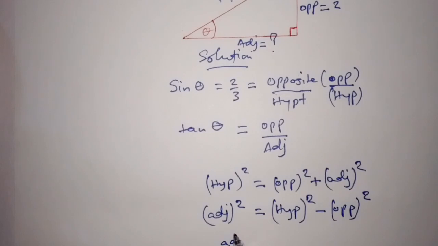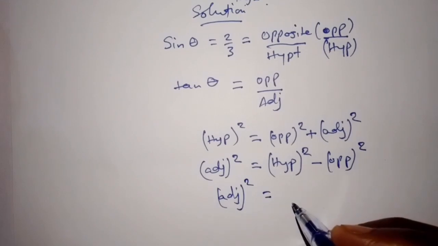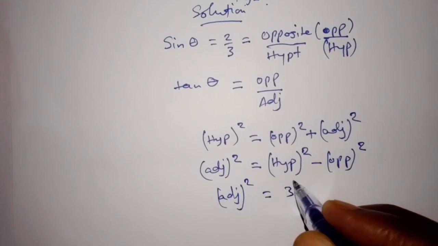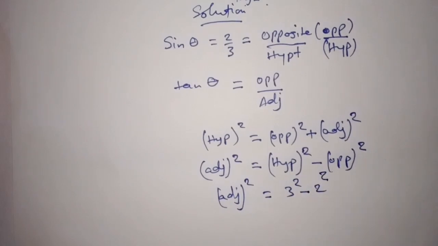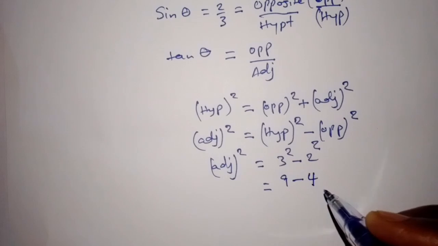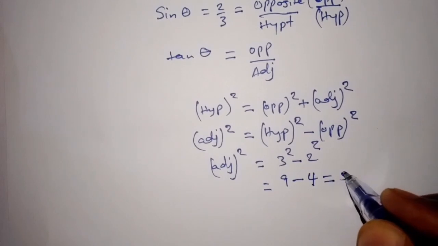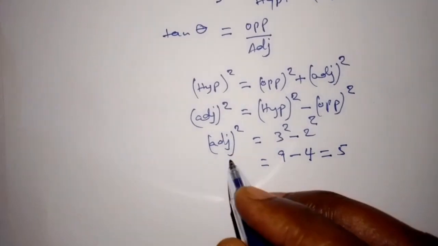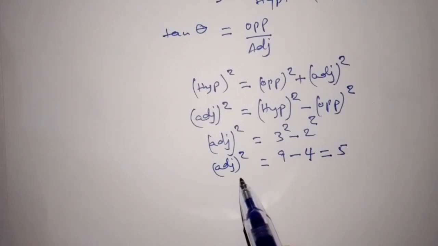So adjacent squared is equal to 3 squared minus 2 squared, which is giving us 9 minus 4, which is giving us 5. So adjacent squared is 5.